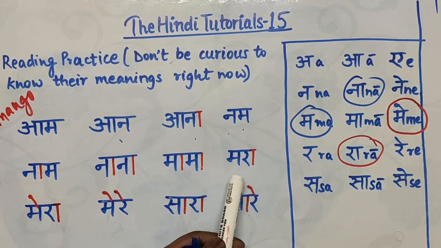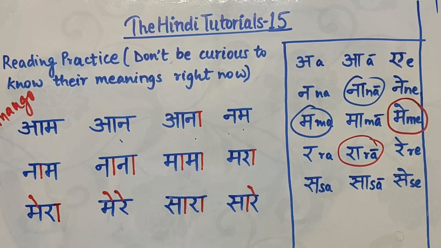Mara. Mera. Mere. Sara. Sare. Okay. Now a few more words.